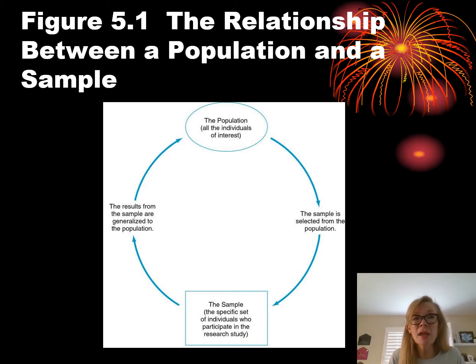And that is the degree of confidence that we have that the findings in the study, or more specifically the findings of the sample, represent what is actually going on in the general population. That is the definition of external validity.